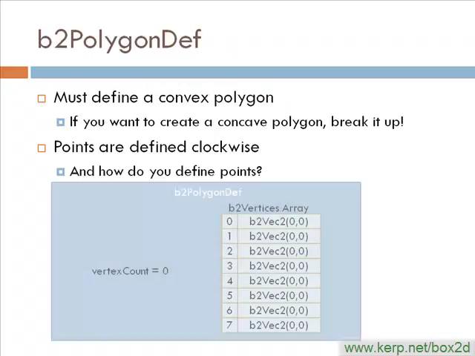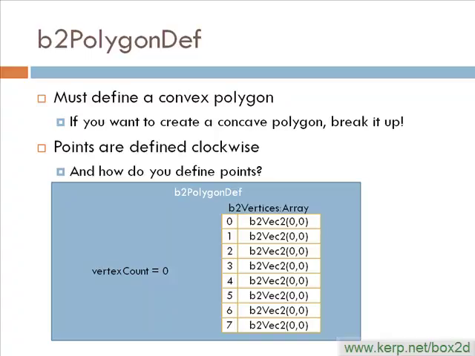Good question. It turns out within our B2 polygon definition, we basically have two variables that are already created for us. There's a vertex count variable and a B2 vertices array. Now this array is basically by default created with 8 points in it. All of these points are not really points, they're B2 vec2s that are all set by default to 0, 0.